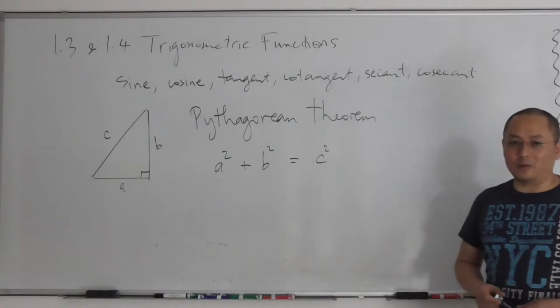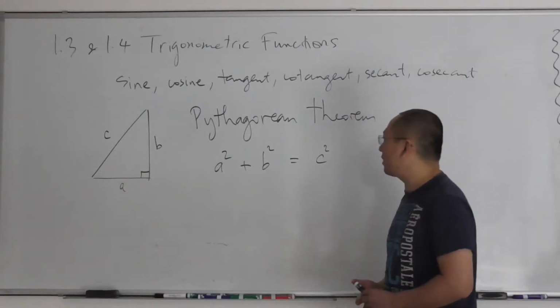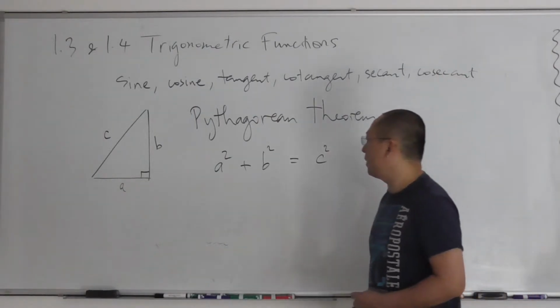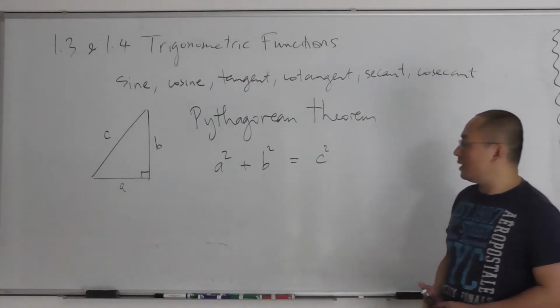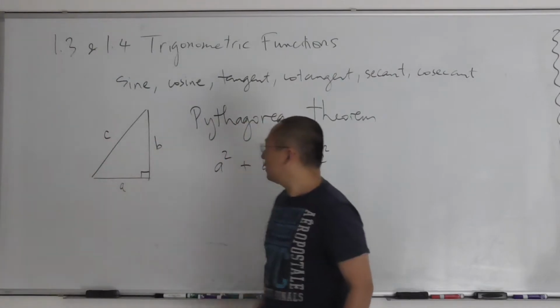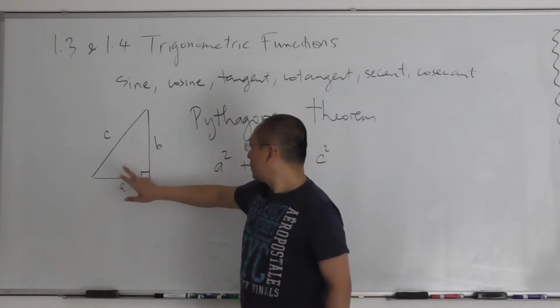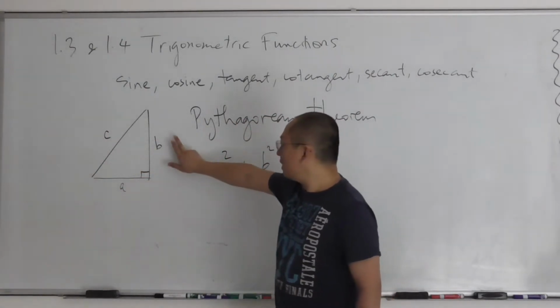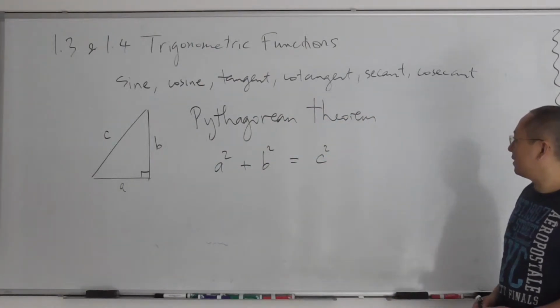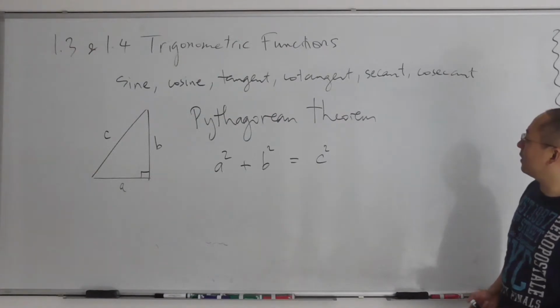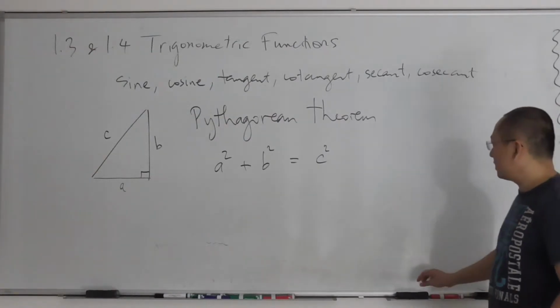This is a very famous theorem called the Pythagorean theorem, from Pythagoras. a squared plus b squared equals c squared. Hypotenuse squared is equal to side a squared plus side b squared. Now, this is the very first thing that we start with in our section today.